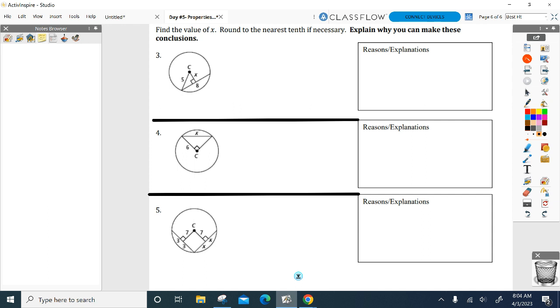Now, let me get a little more detailed on that last fact we just went over. It says a diameter perpendicular to a chord. Well, it doesn't have to be the full diameter. It can be, take a look, a partial diameter, part of a diameter. Because does everyone agree? If I just extended x here, that's a full diameter, isn't it?